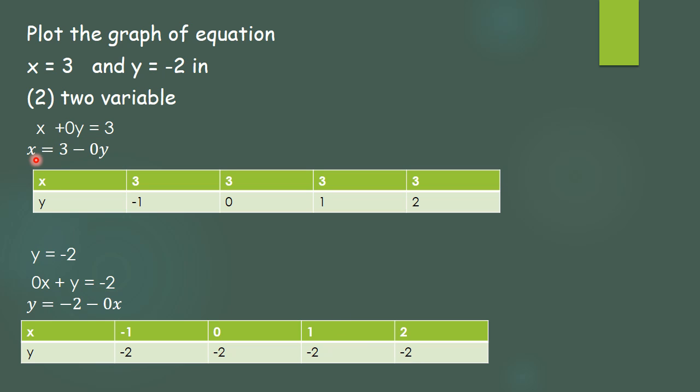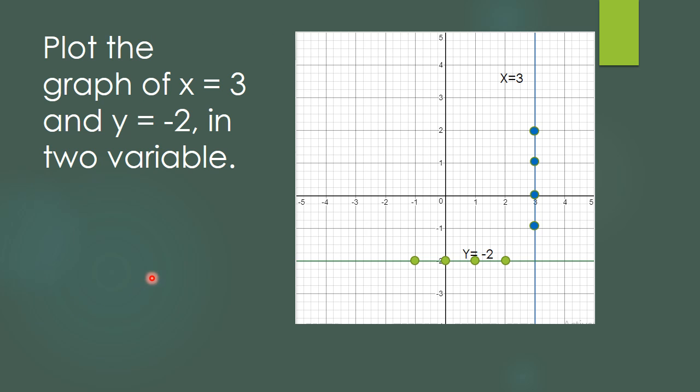So for the equation x is equal to 3, we get these points, and for y is equal to minus 2, we have got another set of points. We'll try to plot these points now. For the first, the points were minus 1 comma 3, 0 comma 3, 1 comma 3, and when we join these, we get x is equal to 3.